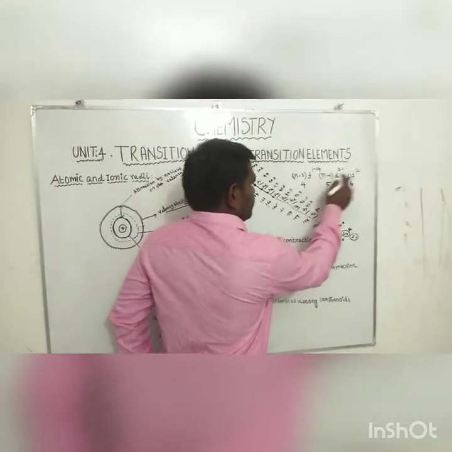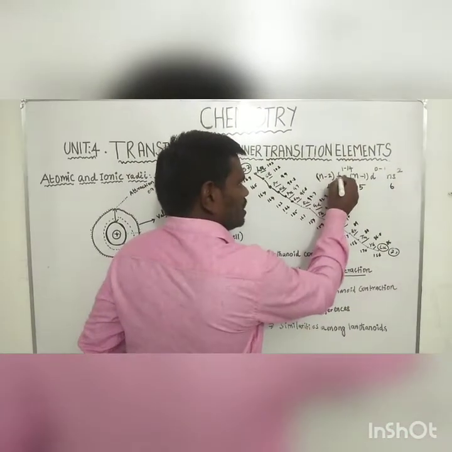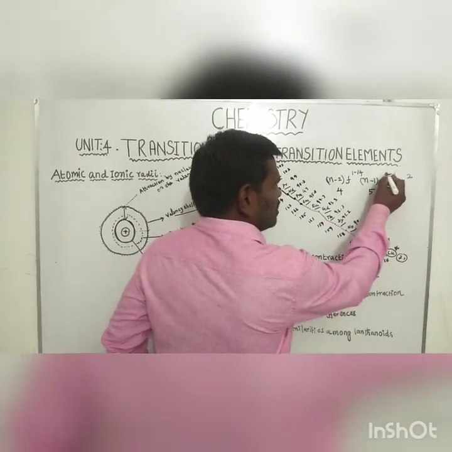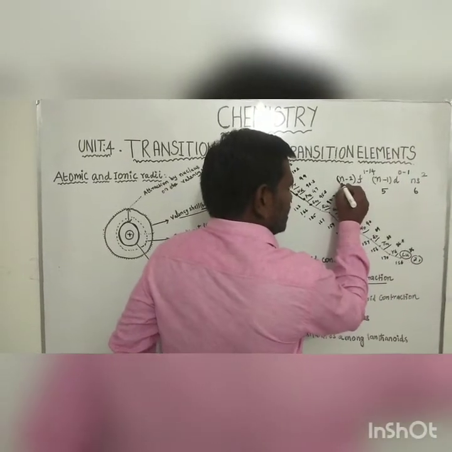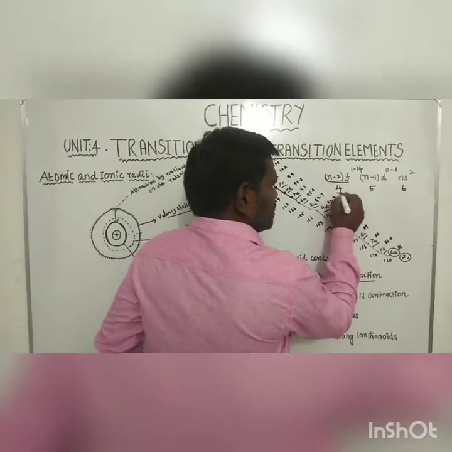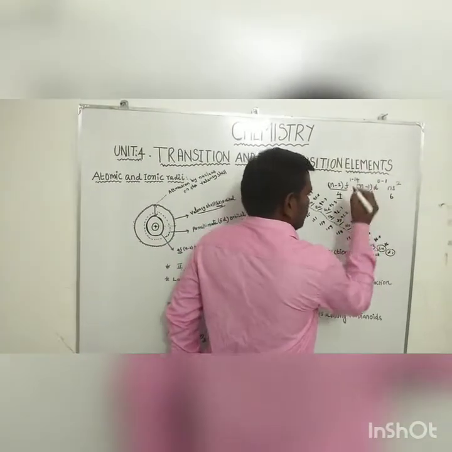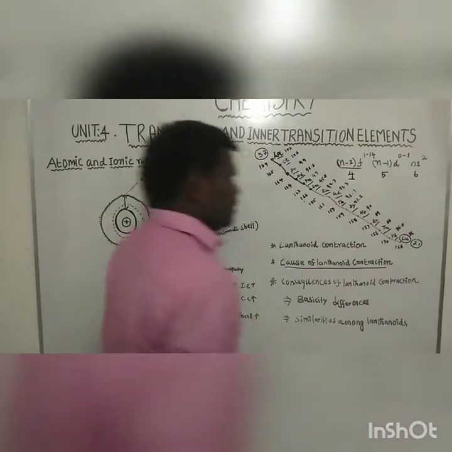The general electronic configuration of f block elements is (n-2)f1 to 14, (n-1)d0 to 1, and ns2. Here (n-2)f1 to 14 is the 4f orbital, then the 5d orbital and the 6s orbital.